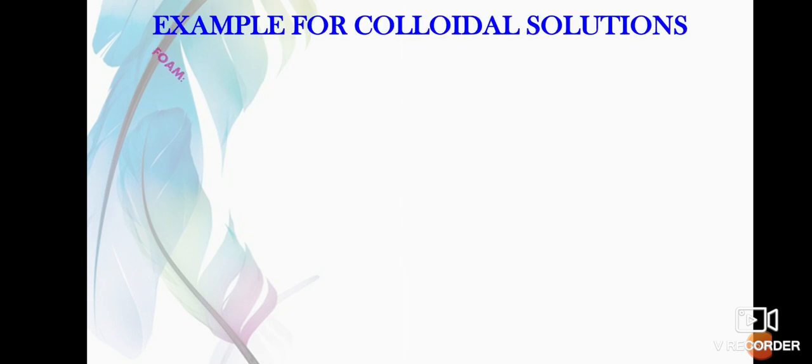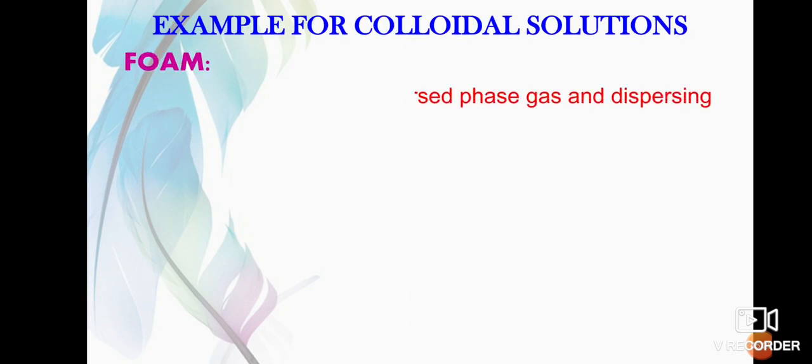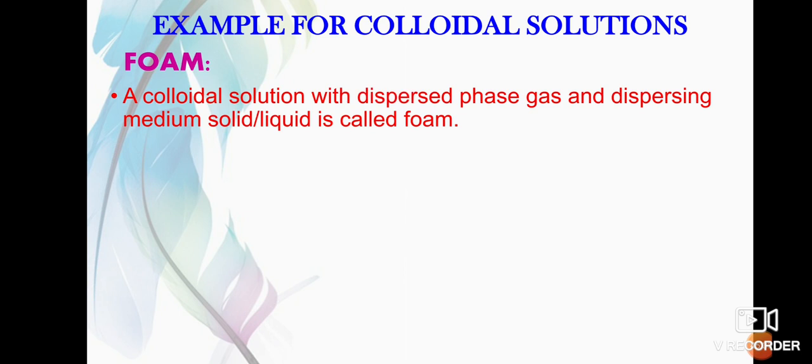See examples of colloidal solution. For example, foam. Foam means if you add surf to the water, by stirring we get foam on top of the water. So a colloidal solution with a dispersed phase gas and a dispersing medium solid or liquid is called foam.